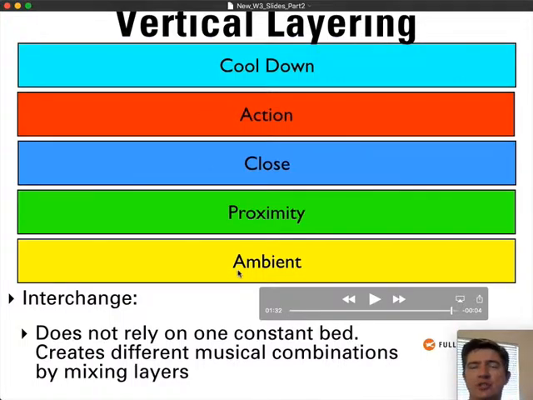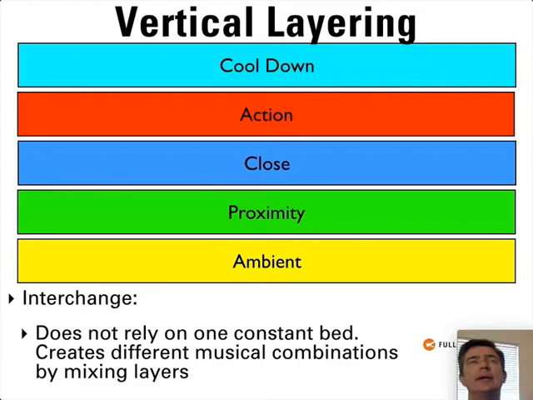And this interchange is how our Palace composition works. You are not always hearing any one particular bed or any one particular loop. You are hearing any sort of combination that the player builds by turning on and off the different pieces of music.